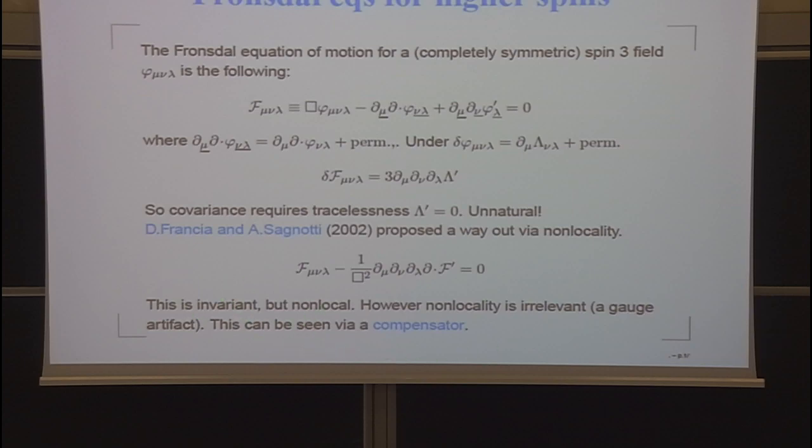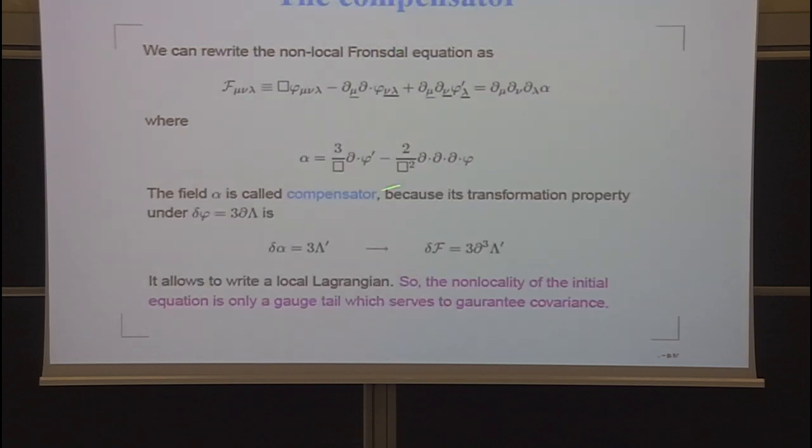In fact, they introduced a compensator field alpha in this form, which transforms everything into local things. And not only that, but this is Lagrangian, that is, we can construct a Lagrangian for the field phi and the field alpha. So that in the end, with a local Lagrangian, the non-locality in the initial equation is only a gauge tail, which guarantees simply the gauge covariance.